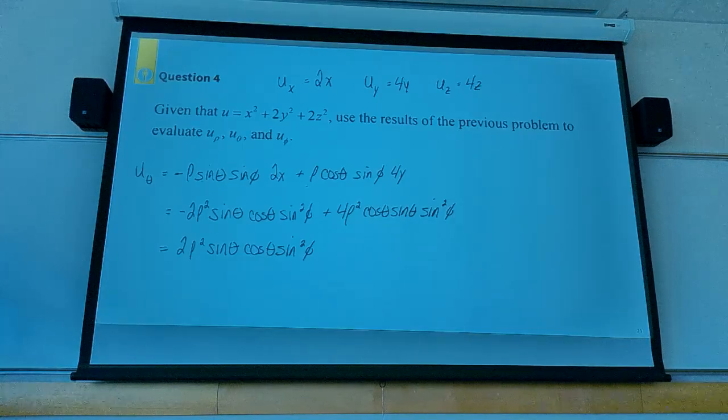Give you a hint. Just sine times cosine is sine of 2 theta? 2 sine theta cosine theta is the double angle for sine. Rho squared sine of 2 theta sine squared of phi. I would say that is definitely simpler.